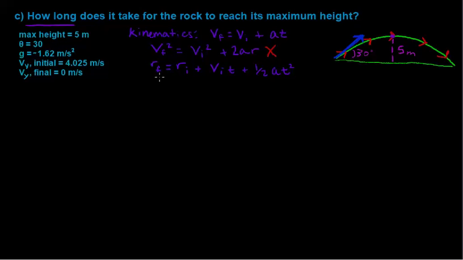We have the final distance and the initial distance, the initial y direction velocity, and acceleration, the final velocity, initial velocity, and acceleration. But now we just have to recognize which kinematic equation is easier to use to solve for time.